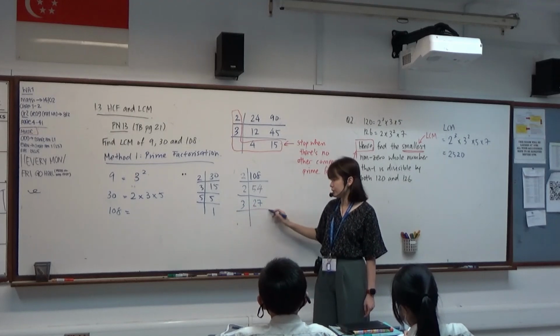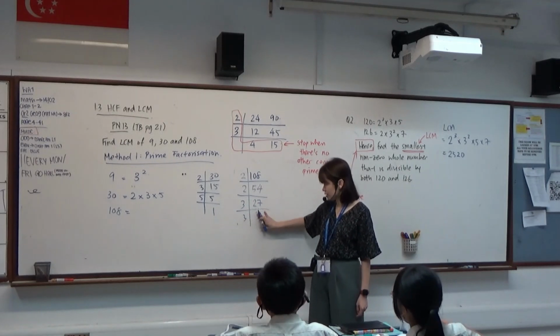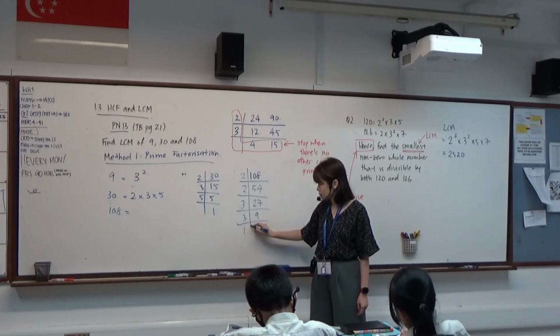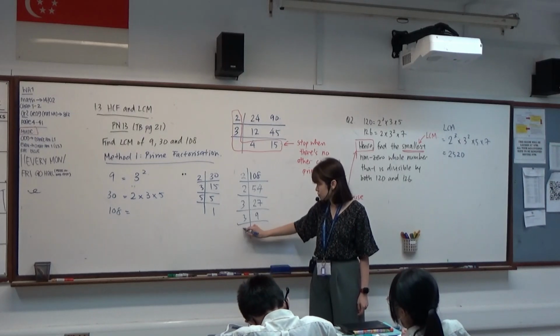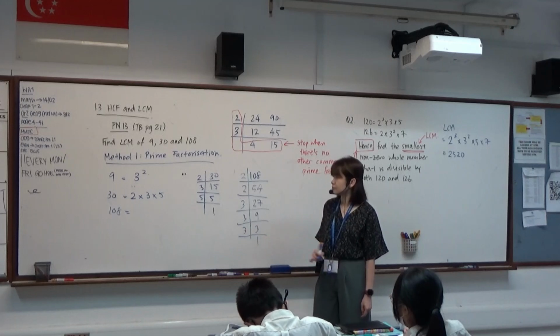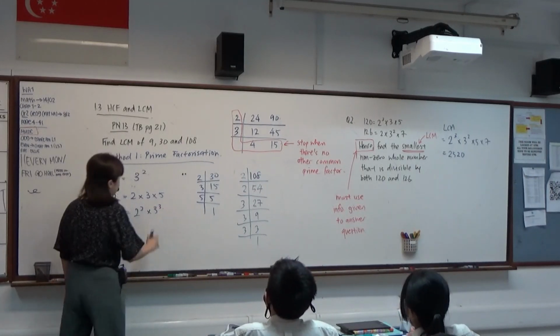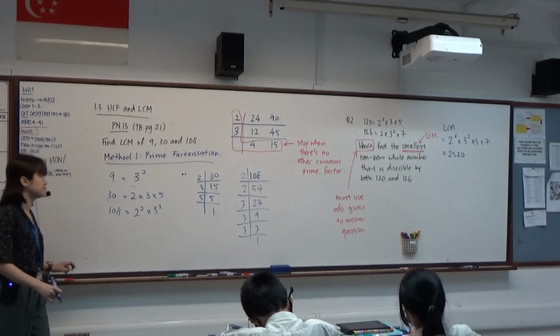And then 3, 3, 3. So we get 2 squared times 3.